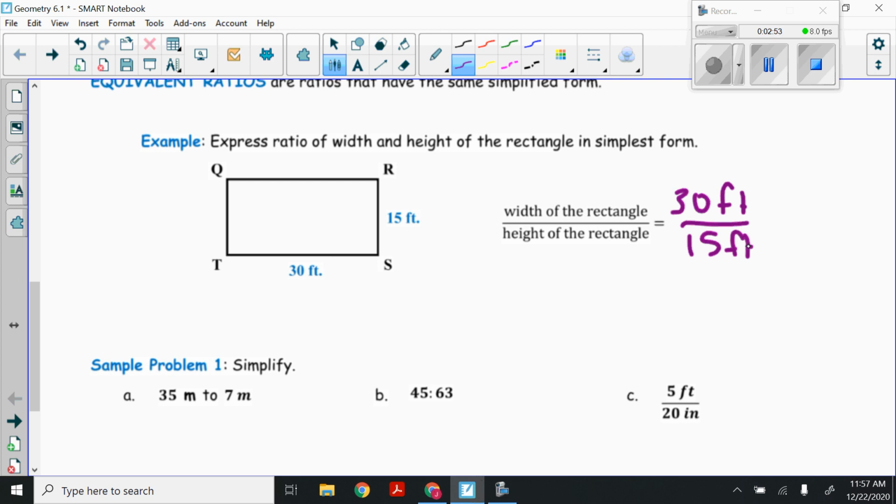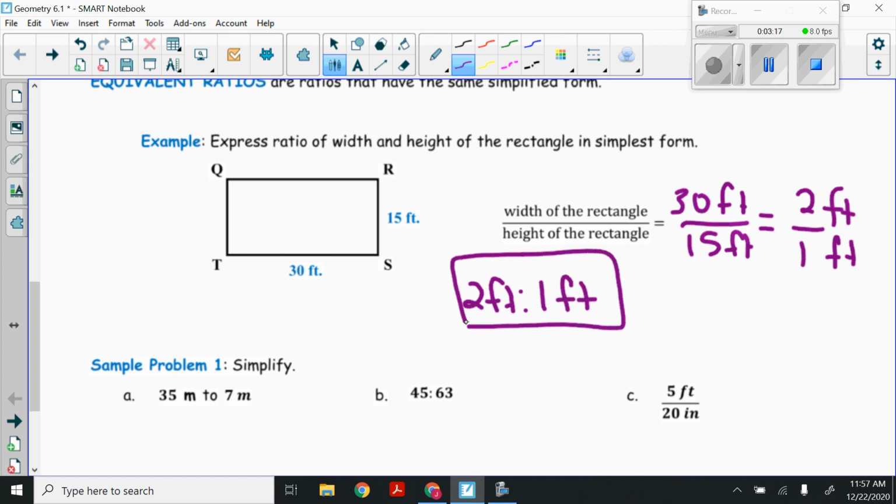So we can go ahead and simplify this. They both have 15 in common, so 15 goes into 30 twice, over 1. So that's 2 feet to 1 foot. There's the ratio of the width and the height of the rectangle.